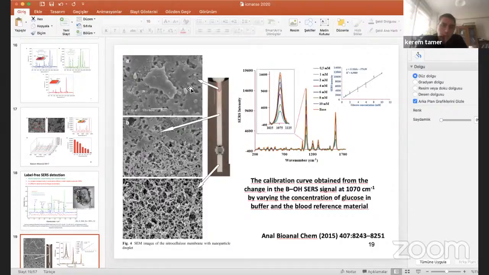I remember these are gold nanoparticles, and you can observe the Raman signal with the increasing concentration of glucose. Okay, and you are able to measure the glucose concentration in blood. This is also a label-free technique.